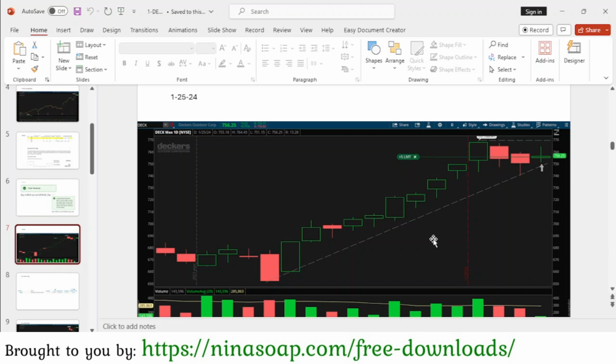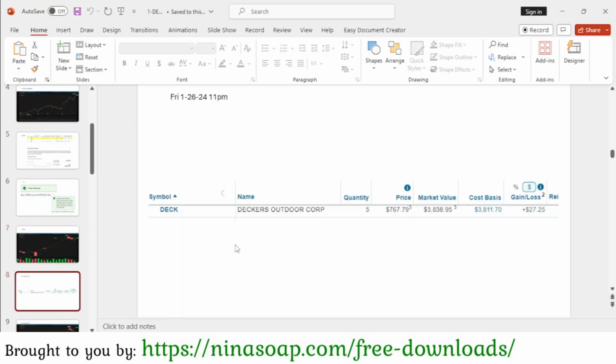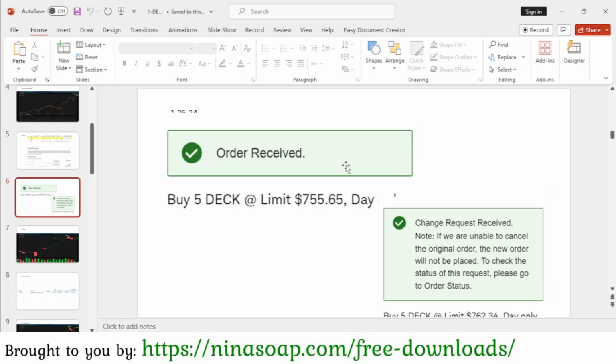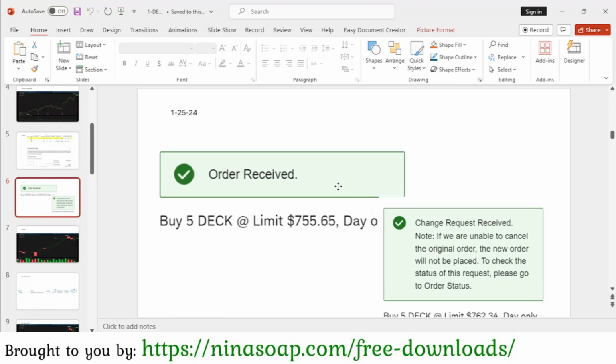So, that's how the price bar for that day was looking when we bought it. And at the end of the day, yesterday, was it yesterday it was purchased? The 25th.